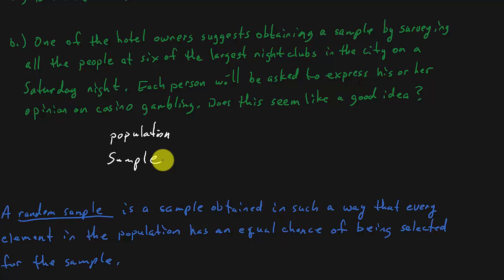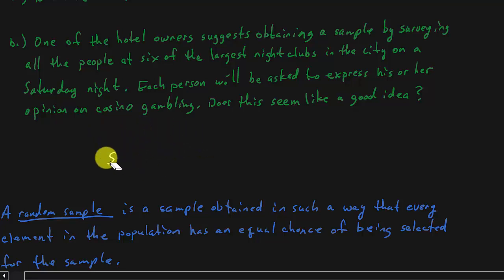But that might be kind of hard, to ask every single student. The other option is, say, all the classes you're taking. You could ask the students just in your class. That would be a sample. So that's the difference between a population and a sample.